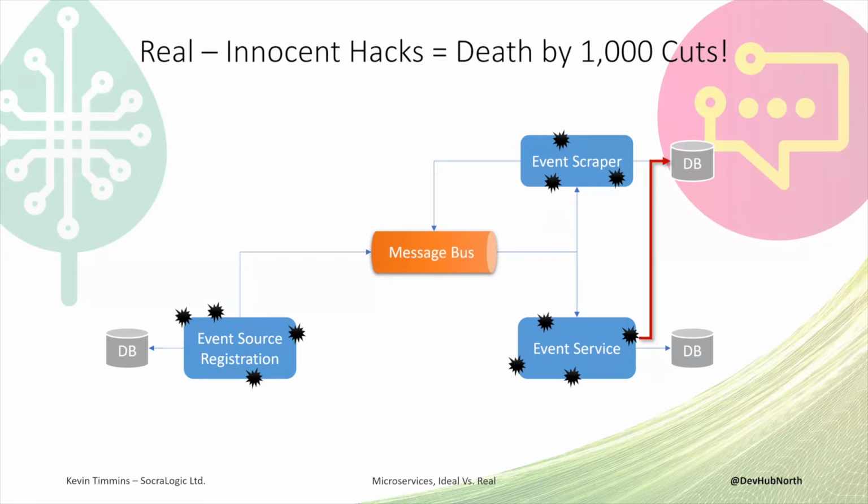That's very naughty, because suddenly you've coupled the event scraper, the event scraper's database, and the event service together. And if you change that database for either of the event scraper or the event service, you're potentially going to break the other service that you weren't changing it for. This is the prime issue that happens a lot. This is probably the most common reason why stuff gets out of control.